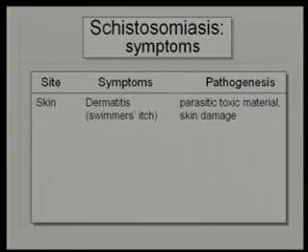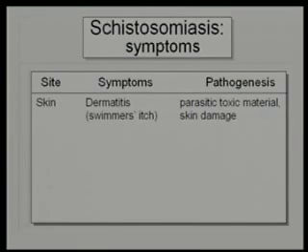In the case of the skin, they will cause dermatitis, the inflammation of the skin, itching, referred to as swimmer's itch. So a history of bathing in some freshwater reservoir in the infested areas and having itching skin is a sort of clue to schistosomal infection.